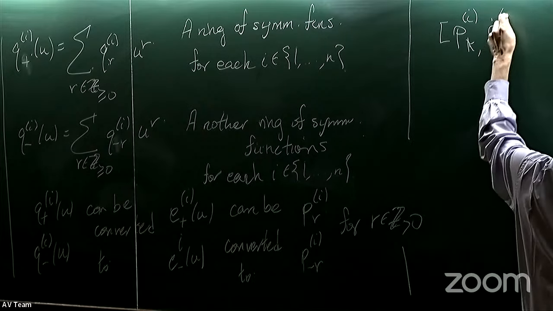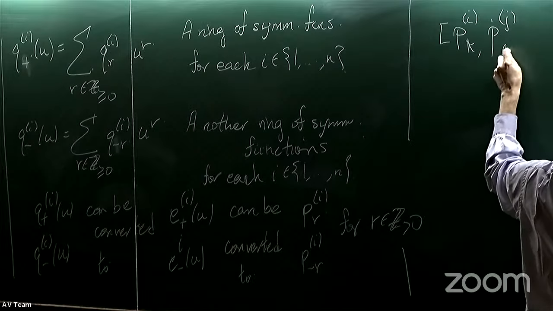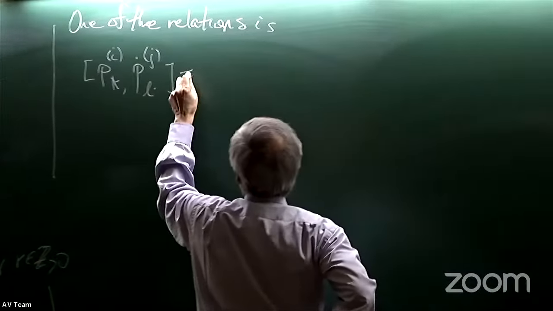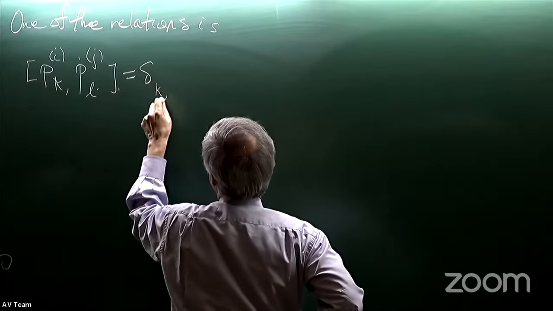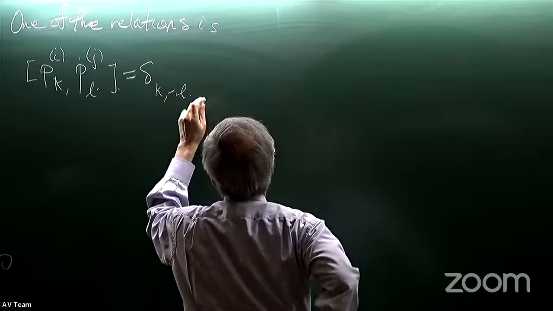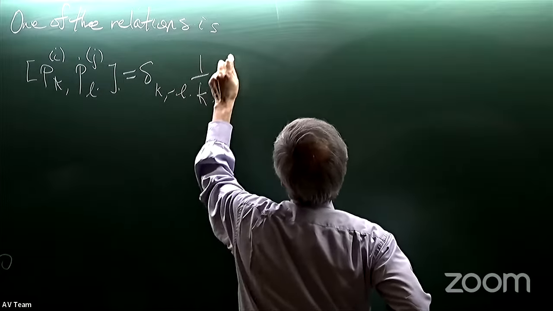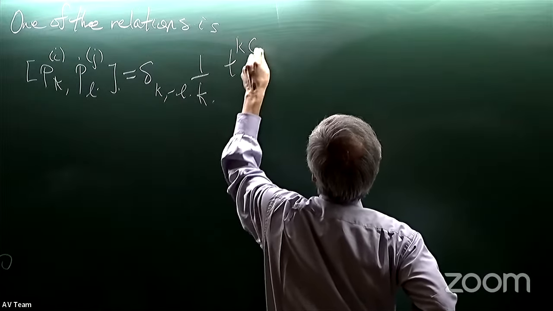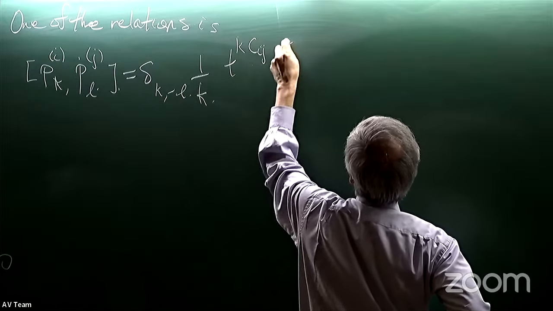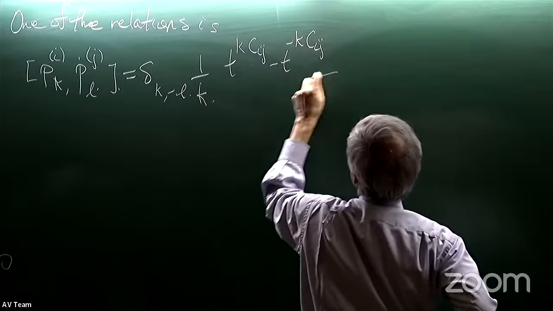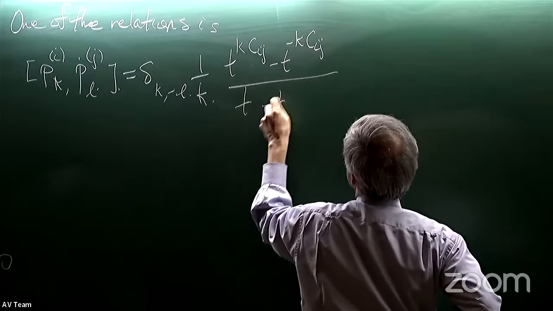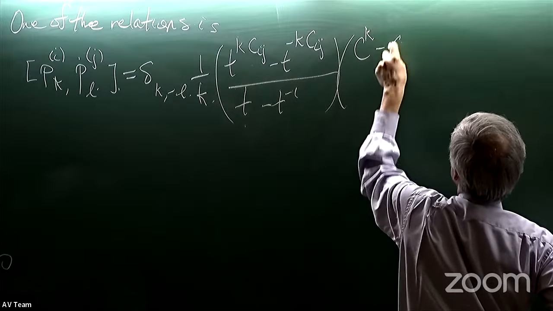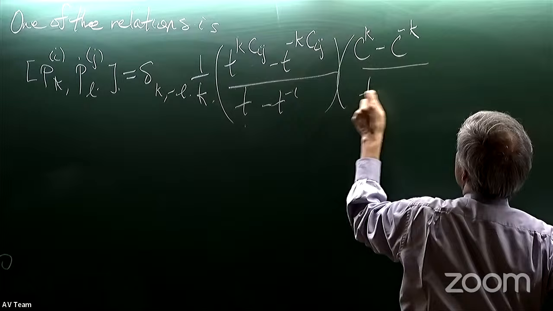That [P_i, P_l] is delta_{k-l} times 1 over k times (t^k C_ij minus t^{-k} C_ij) divided by (t minus t^{-1}) times (c^k minus c^{-k}) divided by (t minus t^{-1}).